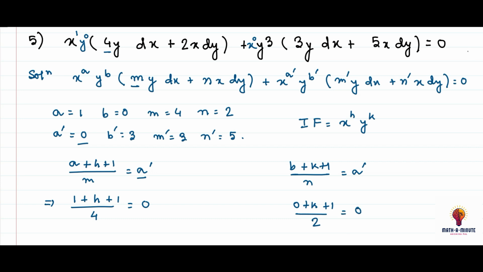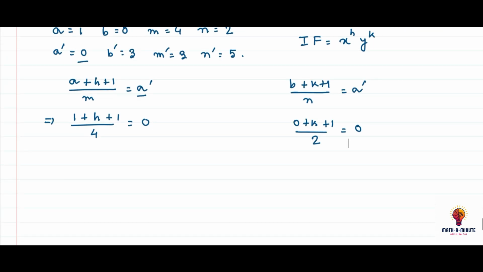If we simplify these equations, the value of h is minus 2 and the value of k is minus 1. So therefore, the integrating factor will be 1 by x to the power 2 into y. I hope this part is clear.